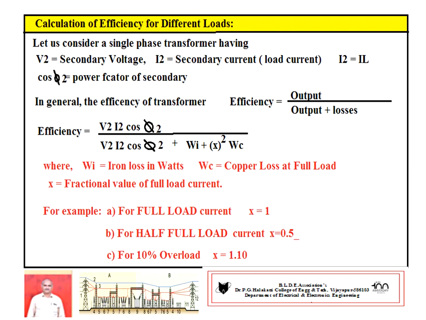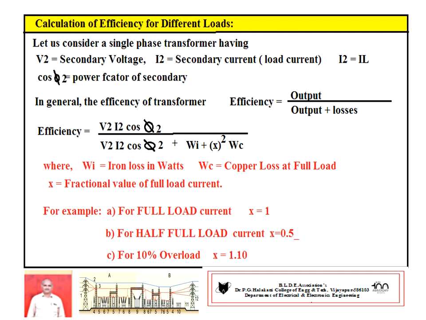In the previous slide we already know V2 I2 cos phi 2. V2 is secondary voltage, I2 is secondary current. I2 is also equal to IL because on the secondary side only load current will come. Hence IL is equal to I2, and cos phi 2 is the respective power factor.